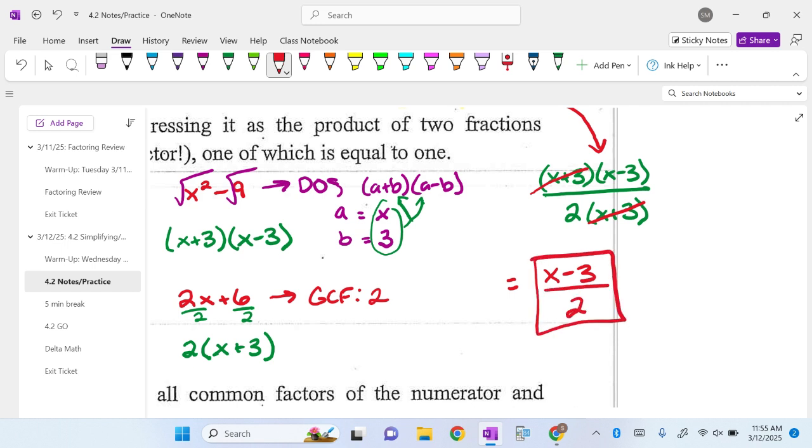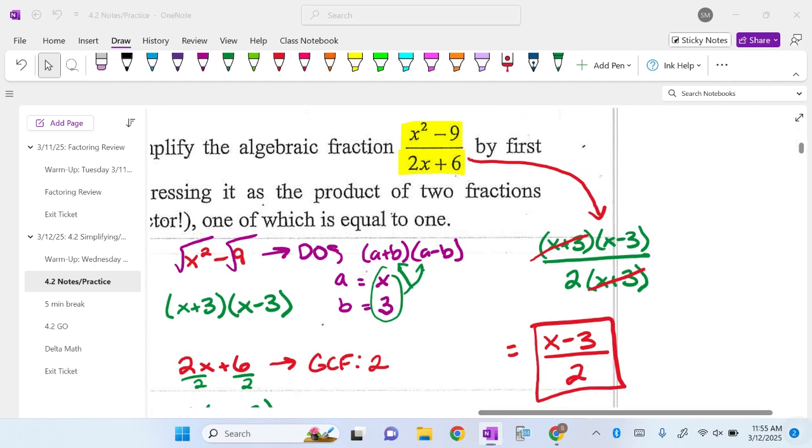And that's the simplified version of our original rational. So essentially, all we're doing when we simplify rationals is we're simplifying a fraction, but with letters in it. All right. Not too bad, right? So like I said, knowing how to factor plays a big part in this unit, because if you can factor it correctly, the actual simplifying is really easy.